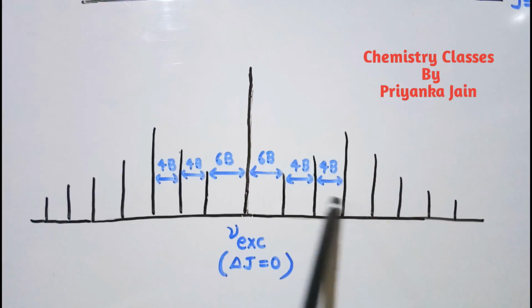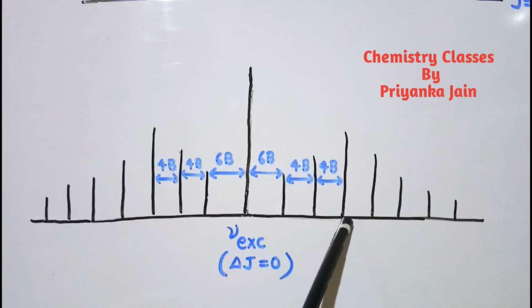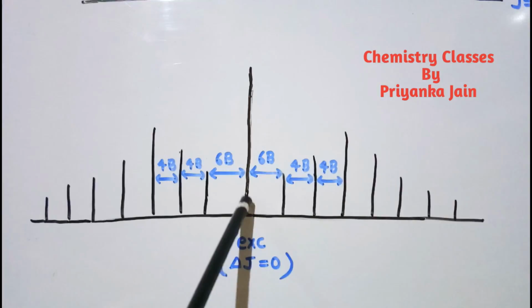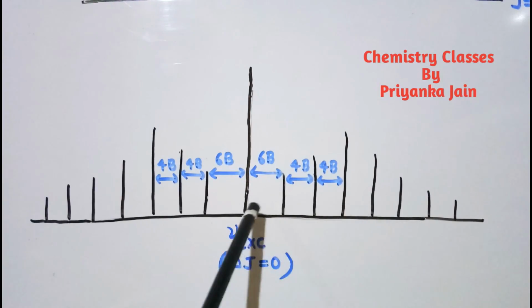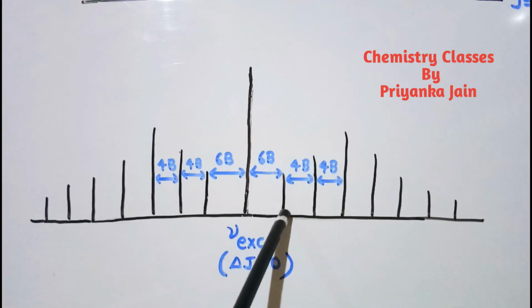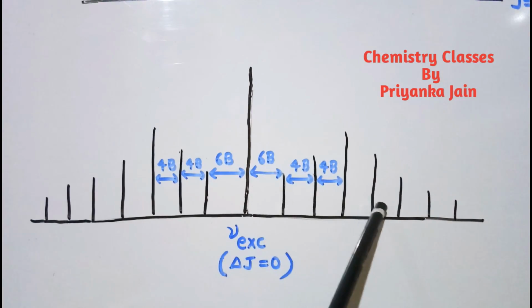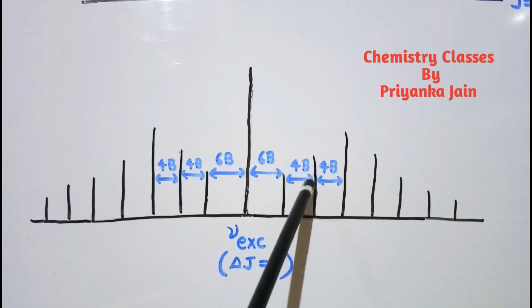And on this side these are the anti-Stokes lines. It means the frequency of the scattered radiation for the anti-Stokes lines will be higher as compared to that of the incident radiation. So we get these lines. You can see that the first line is separated by 6B centimeter minus 1, while the other lines are separated equally by 4B centimeter minus 1.